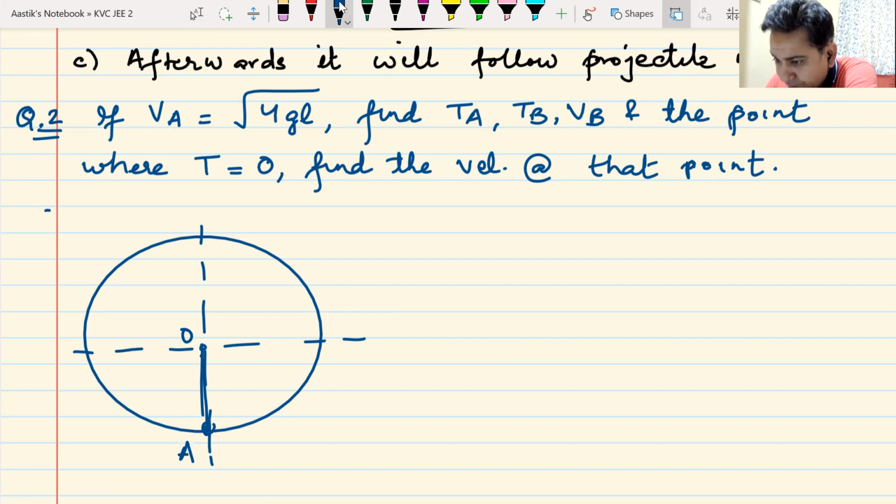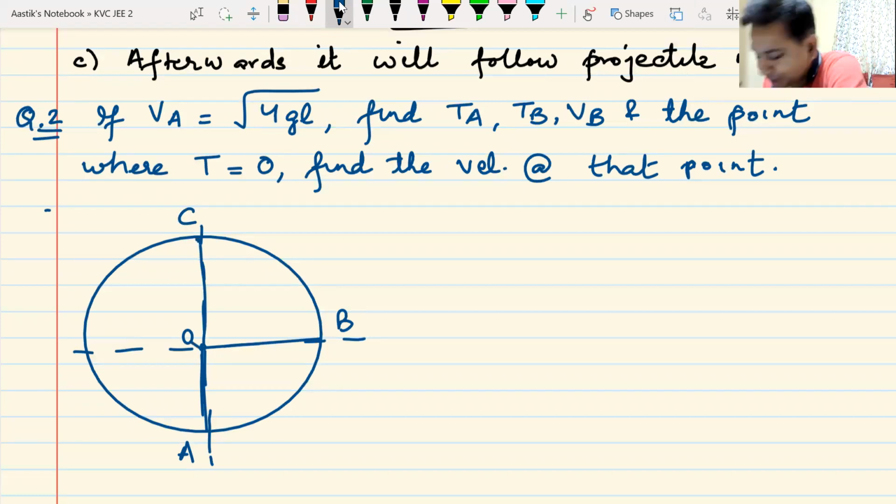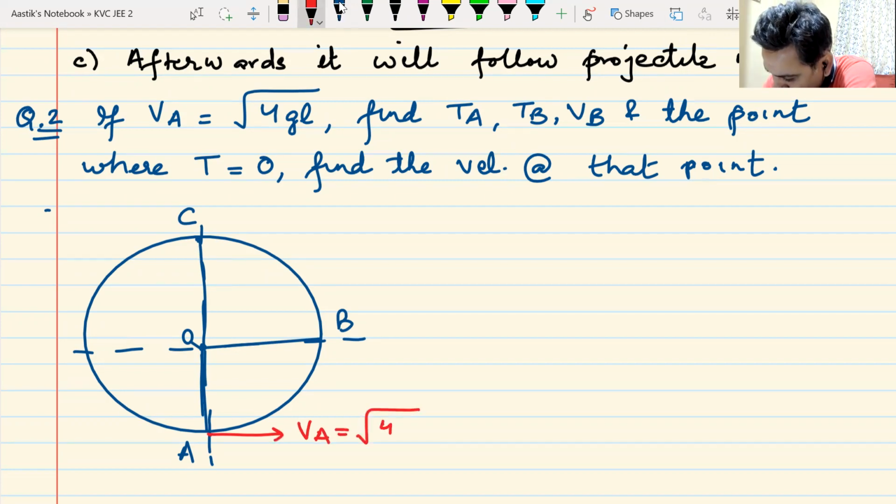This is point A. This is point B. This is point C. Does it reach point C? Yes or no? No, sir. So the velocity will become 0 somewhere in between B and C. Yes or no?